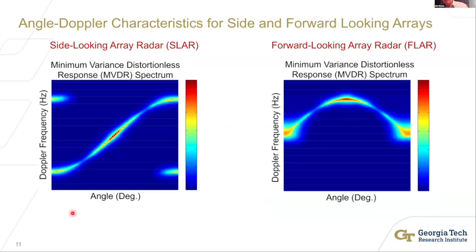So these pretty plots right here are examples of super resolution spectrum for airborne radar in a side-looking configuration and a forward-looking configuration. A side-looking configuration is consistent with a surveillance radar, and you can see clutter falls along this peaked ridge right here.